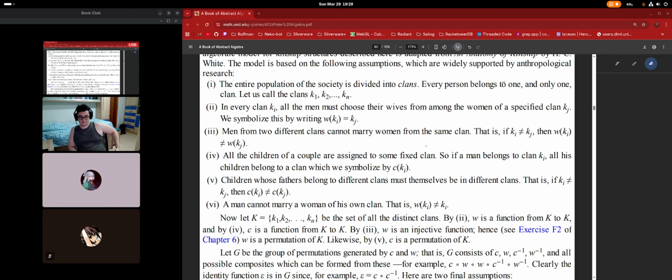That means, since the choice of wife is also based on the clan, because all of the kids have the same clan, then all of their wives will also have the same clan, which is weird. I'm not getting the plot twist. Well, the conclusion is that if you're from family A, you can only ever marry someone from family B, basically.